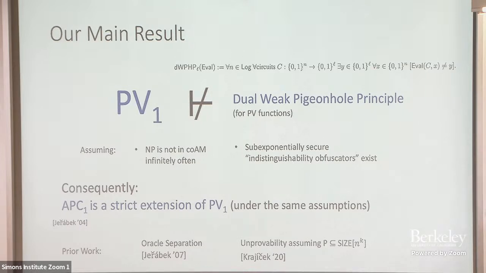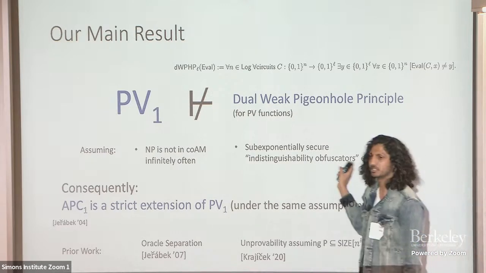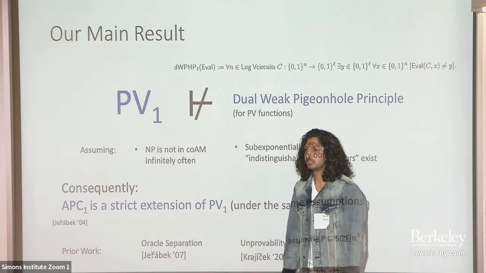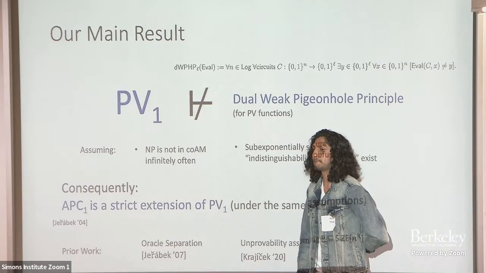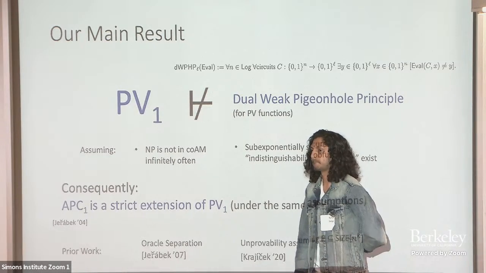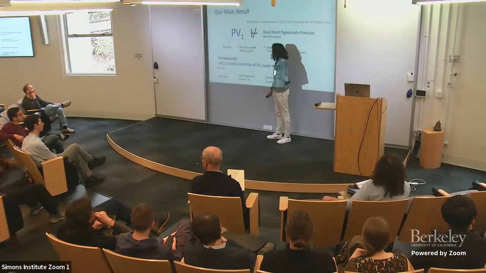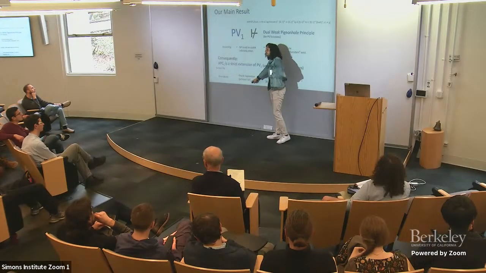Assume both of these conditions. Yeah, assume both of these conditions. Sorry, so this unprovability is based on both. And then you say that Jeřábek already proved that APC1 is not conservative over PV1. Or I said he gives an oracle relative to which.